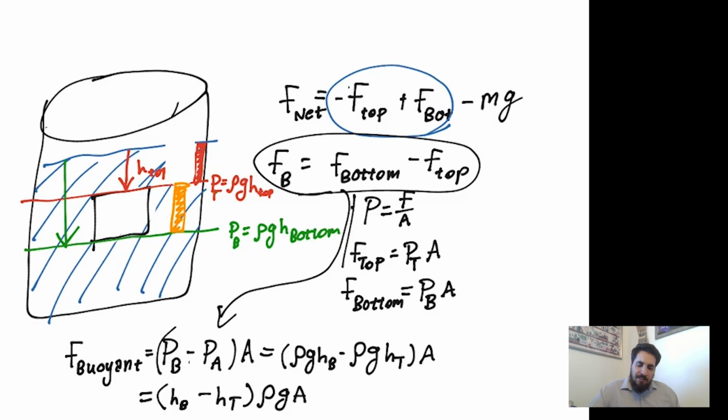And that bit is the same height of the cube itself, which I will represent with the letter capital H being the height of the cube. So we take the total height to the bottom of the cube to the surface, we subtract off the top of the cube to the surface.